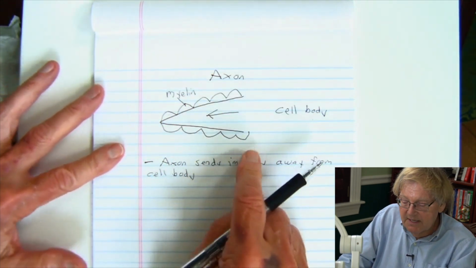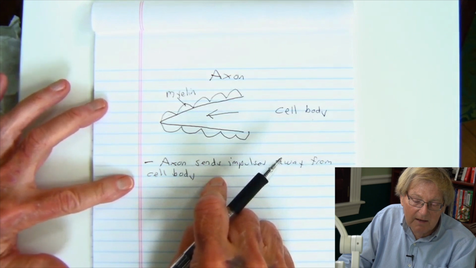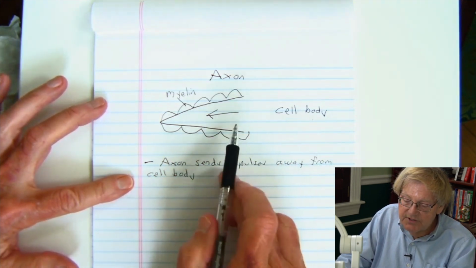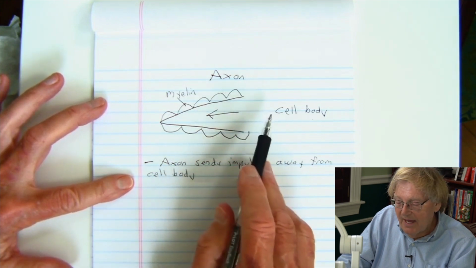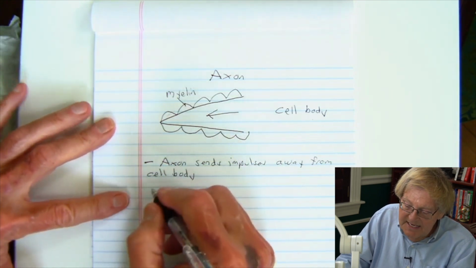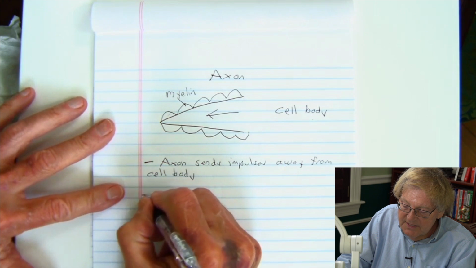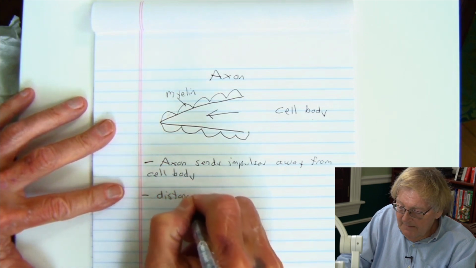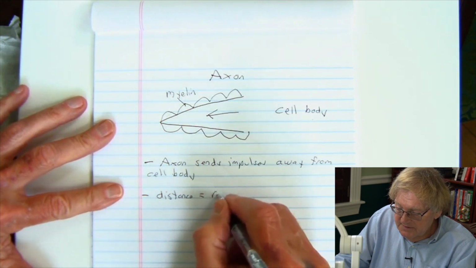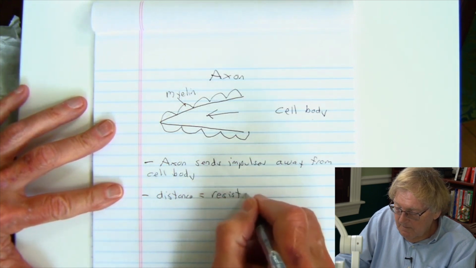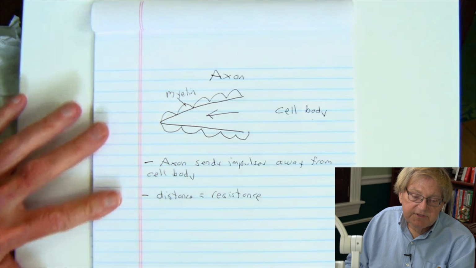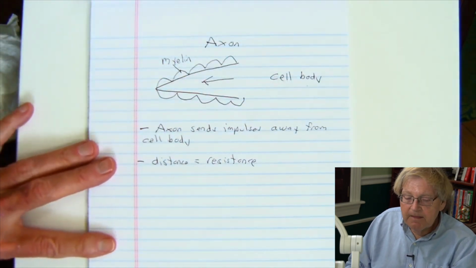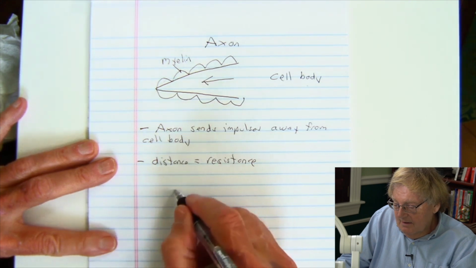And that's why we said that an axon is long. The longer a wire is, the longer an extension is, the more insulation you have. There's a saying that goes along in anatomy and physiology that distance equals resistance. So to make you understand why we need to know about this myelin, think about an electric line.